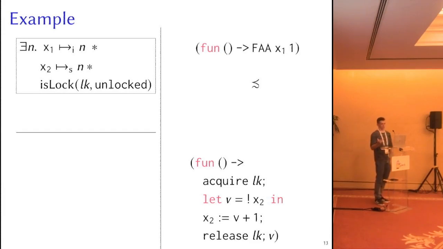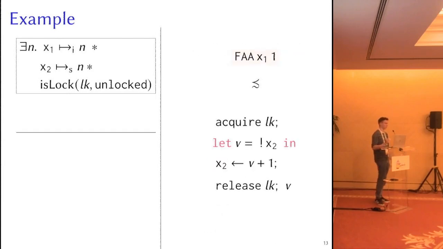The value rule is applicable now, so we will enter the body of the closure and do symbolic execution again. Now we face the next tricky part, which is that we need to show that this fetch-and-add instruction is safe to execute, which requires access to a points-to, which we do not currently have in our knowledge about the heap.